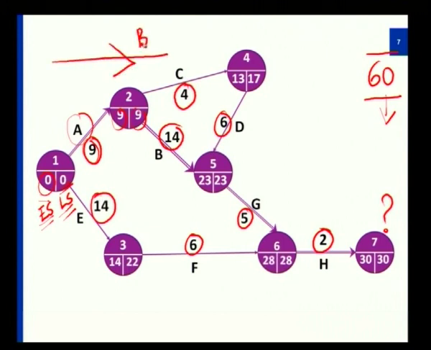The first flow I will call the forward flow, and I will write it as forward pass. During my forward pass, I will consider the maximum of the time. I will let you know why I am writing this as a maximum time. Say, for example, this project assumes 0 as its least time, and while going from here to here, by doing activity A, it takes up 9 weeks.